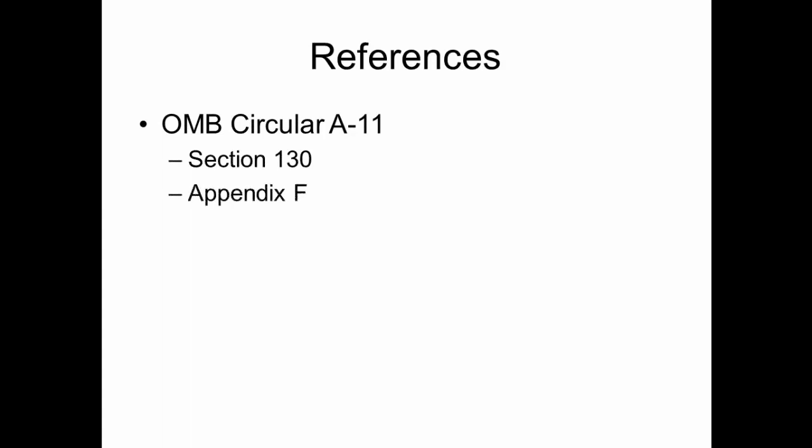I've attempted to hit the high points in the SF133. If you're interested in doing more research on this topic, I recommend these links. I've already mentioned Section 130 of OMB Circular A11. Appendix F of A11 provides the definitive descriptions of each line on the SF132, SF133, Schedule P, and Statement of Budgetary Resources.